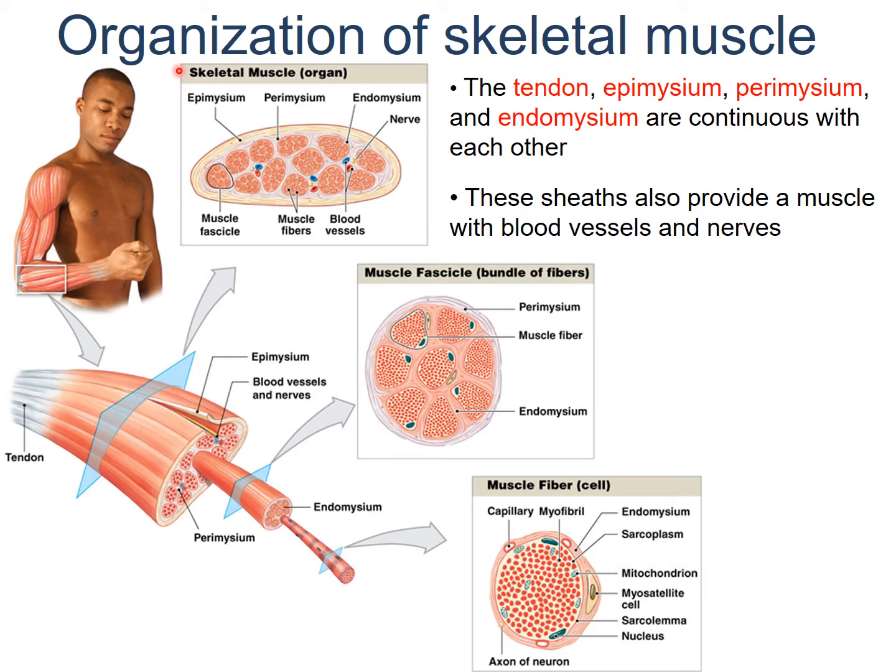And so again, that sheath, that covering of connective tissue that surrounds the entire muscle organ is the epimysium, which would be in yellow here. You see that yellow layer? That's the epimysium. That's all there is to it. And it is continuous with the tendon. So if you pull on the tendon, will you pull on the epimysium? Yes. Okay, they are continuous with each other.